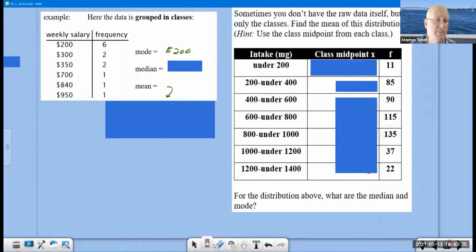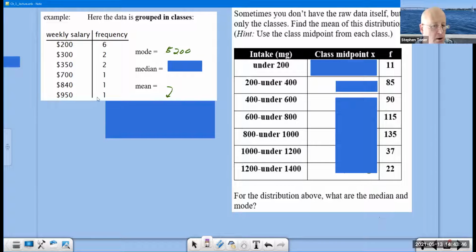As far as the median is concerned, I could list these out in order, but I don't want to write the number 200 6 times. 200, 200, 200, 200, 200, 200, then followed by a couple of 300s and a couple of 350s. What I would do is start chopping in from both ends.